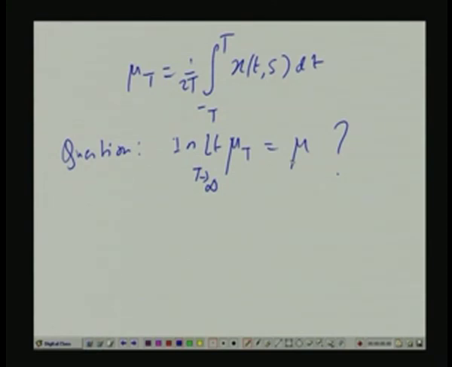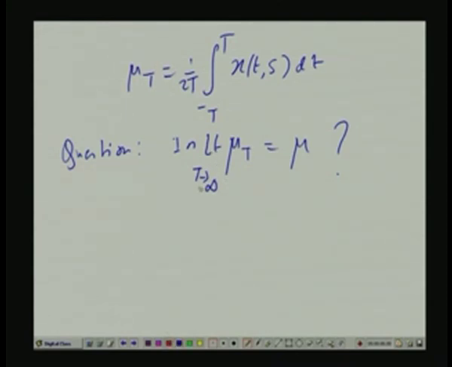Okay, but before that, what we are doing here is we are doing some kind of a time average. So, a mathematical question arises whether this limit exists at all or not.